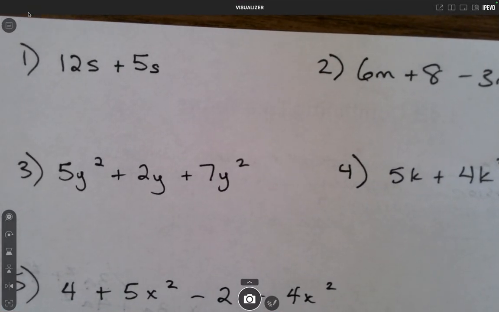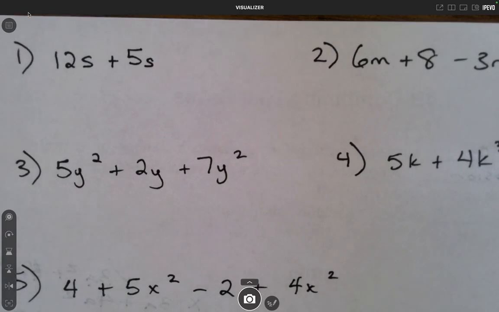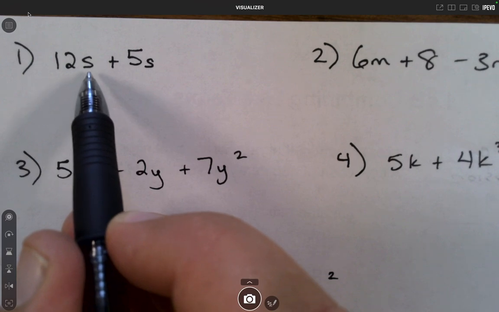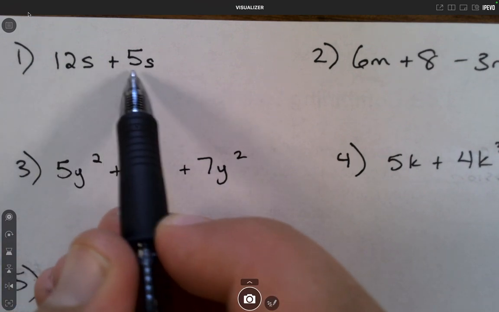So now that we've talked about coefficients, constants, and like terms, let's simplify each of these questions. So simplify again means, if possible, reduce it into a shorter form with fewer terms. So we've got to see what the like terms are. So just in case this looks like a 5, this is an s, so 12s plus 5s.